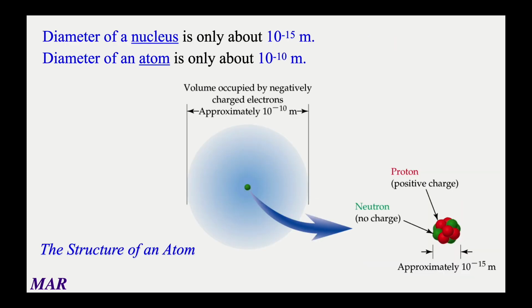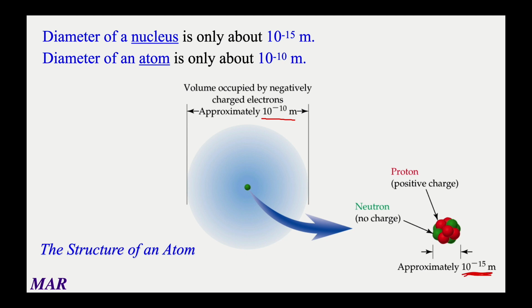This is a little bit better picture of what the atom is like in terms of scale. I want you to see here, the atom is roughly 10 to the minus 10 meters in diameter. If you think of a meter stick, this is more than a billion times smaller than the meter stick. So whoopee-doo, it's still very small. But if you look at the nucleus, which is on the right side, it's 10 to the minus 15 meters.